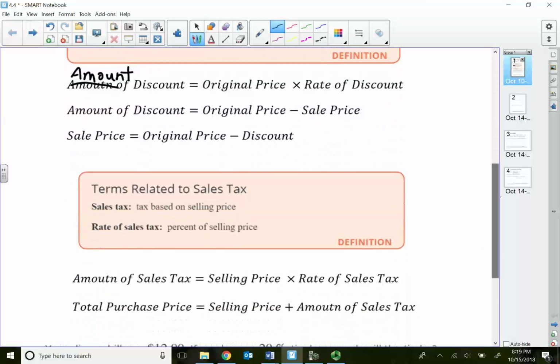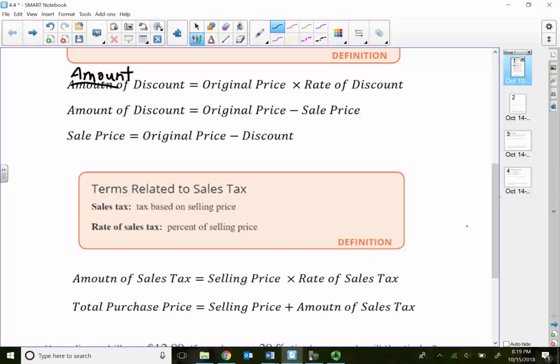Sales tax is a tax based on the selling price. Generally, the more we buy, the more sales tax we have to pay. And of course, we have the rate of sales tax.